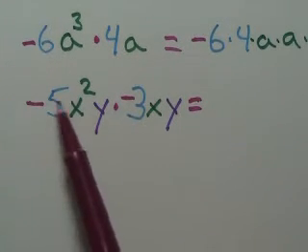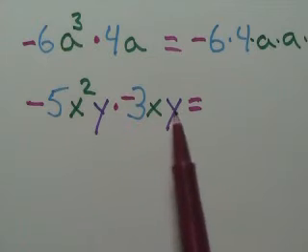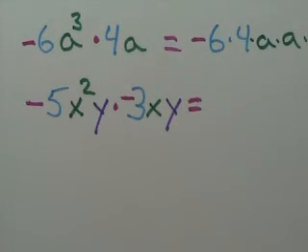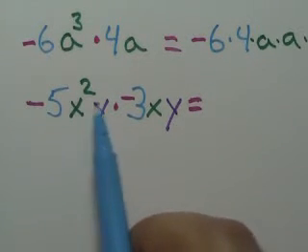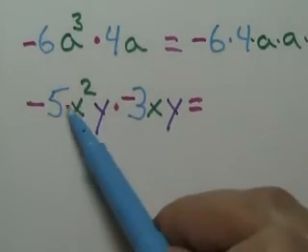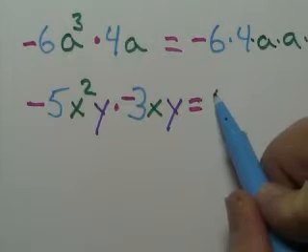What's different here is that I have 2 negatives, and I also put in another variable. So I have 2 variables and 2 negatives. Well, first of all, when multiplying 2 negatives, they cancel. So we can negate that. And then we have 5 and 3 for our numbers.